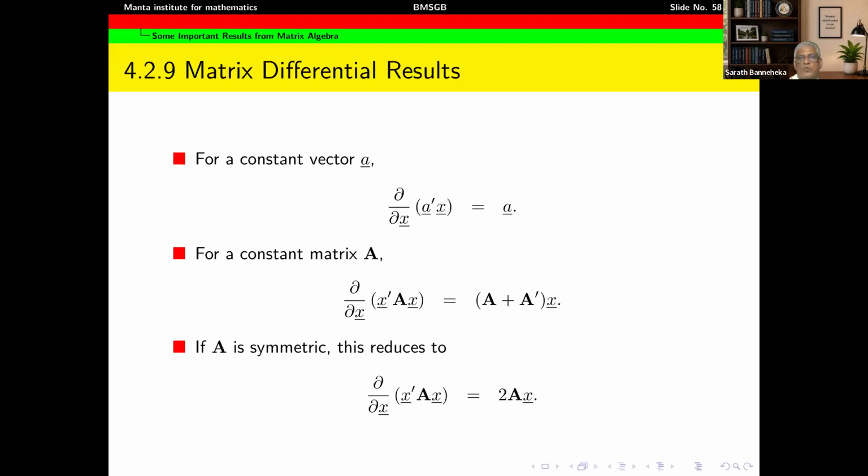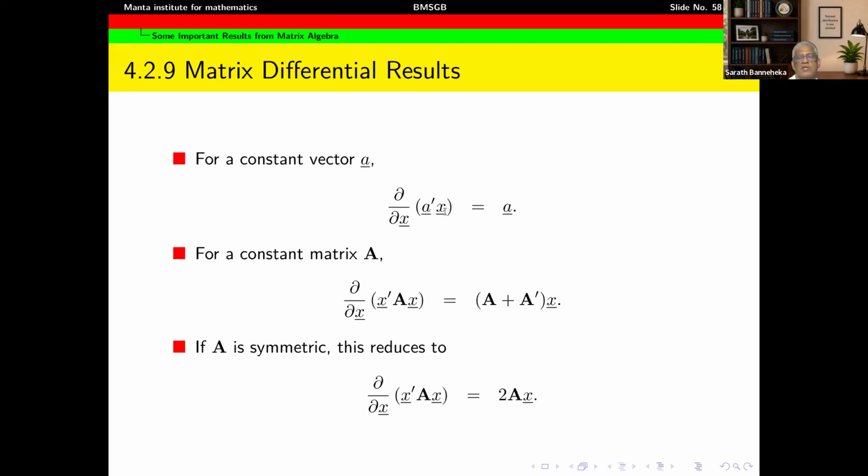This may not be useful for us in this course, but later on when you look at multivariate analysis in general, this will be useful. Therefore, I included it here. So if you are considering a constant vector A and some other vector x, and you consider A dash x, this is going to be a scalar, right?